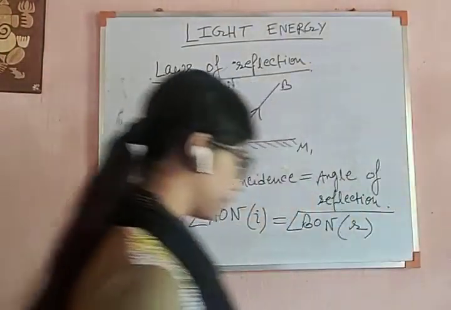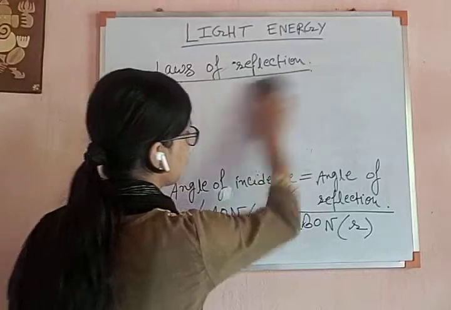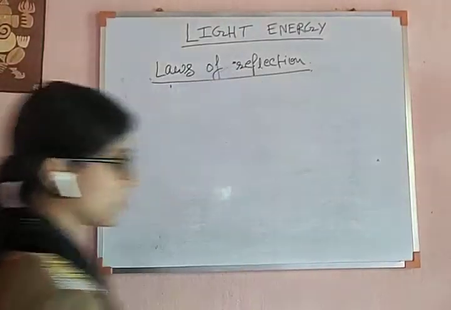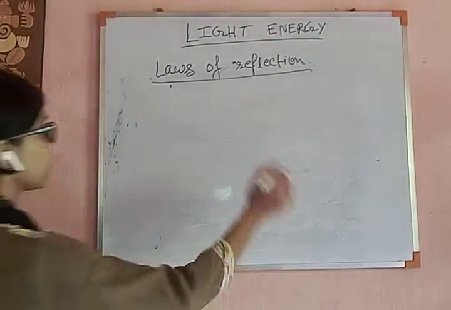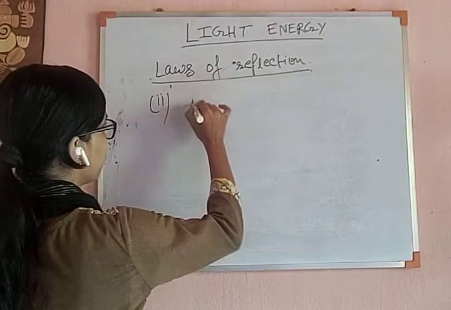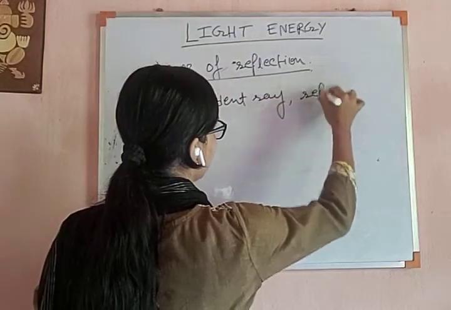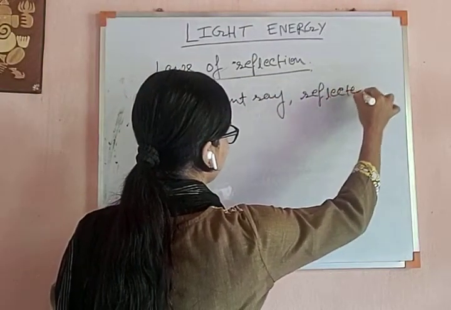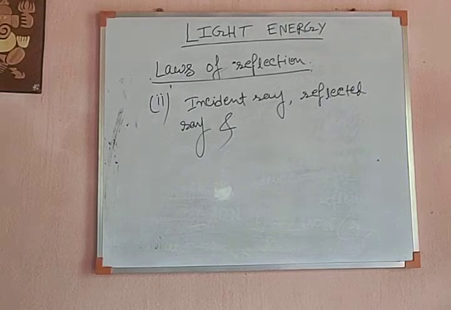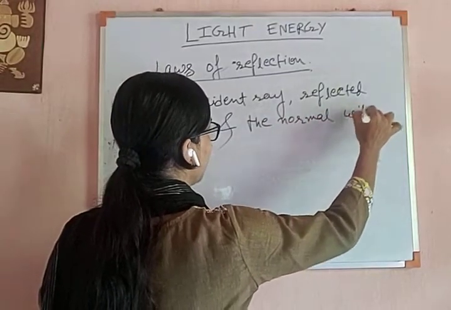So the second law is that the incident ray, the reflected ray and the normal will lie in the same plane.